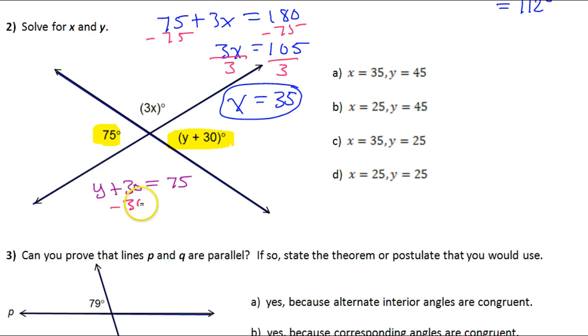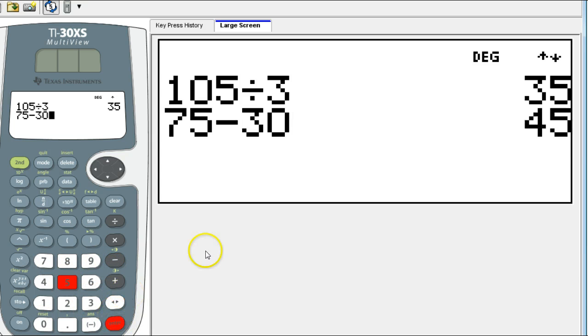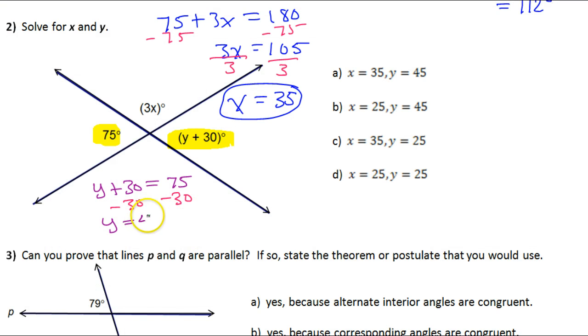You could just subtract 30 from both sides, so that's going to be 45. So x is 35, y is 45. That's A.